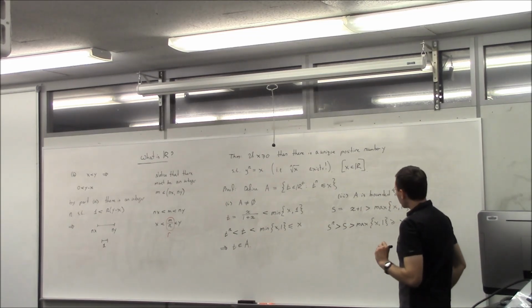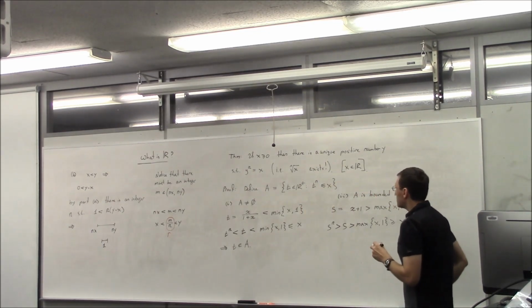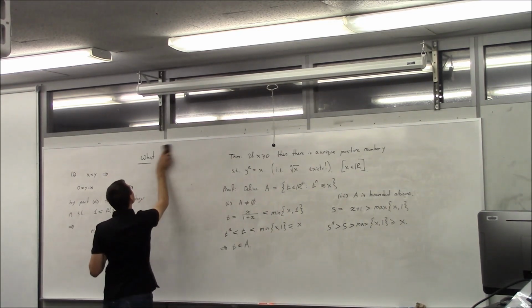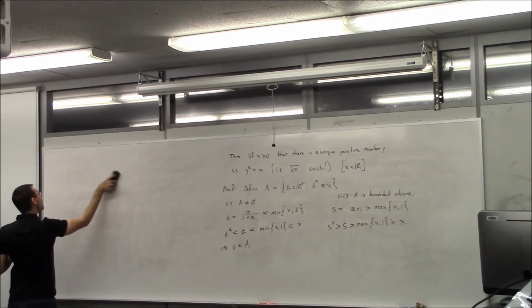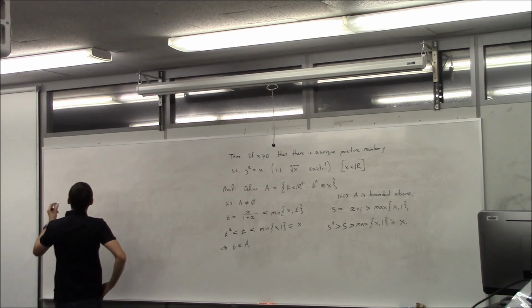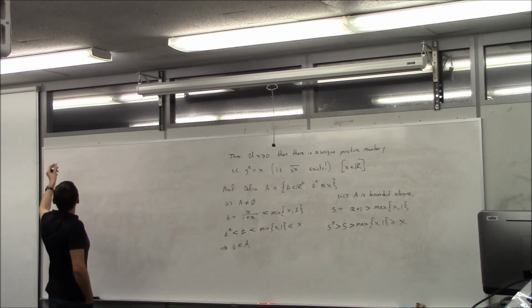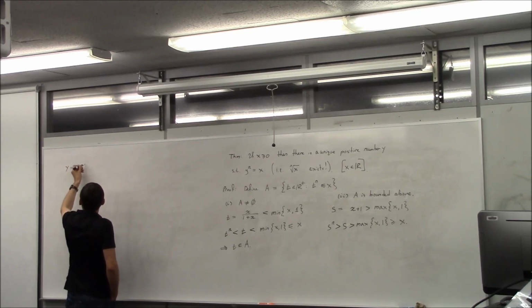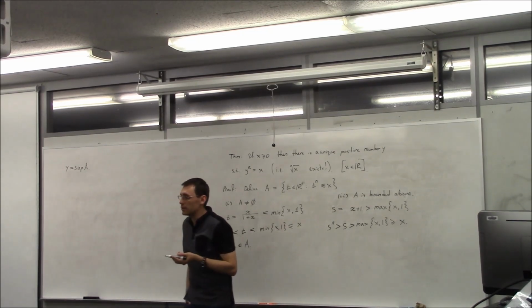So now we're going to find the root. So what we do is we define y to be the supremum of the set A. And we're going to try to show that this y is our desired root.